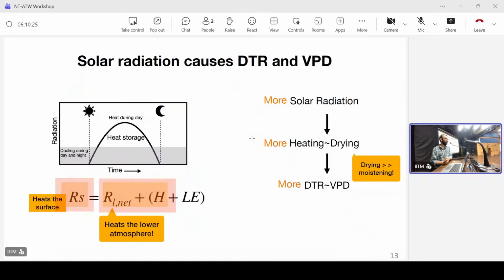Even in Pune this time, daytime temperature is very high, and night time and early morning temperature is very low, and as a result DTR is very high. When there is an anticyclone, there is sinking motion, and if the atmosphere is stable, then you will get a higher Tmax.